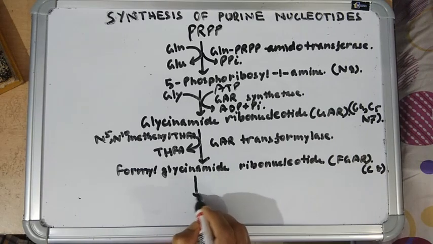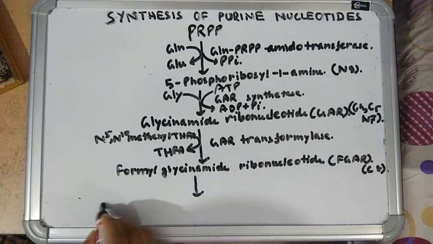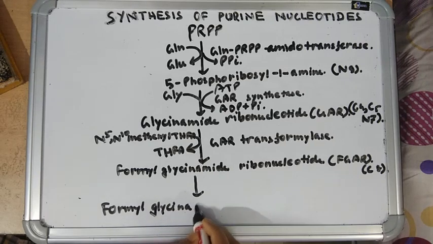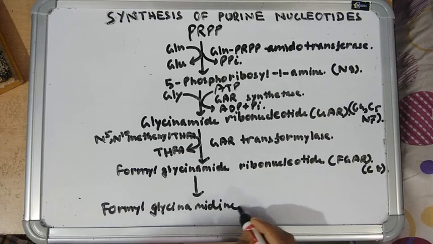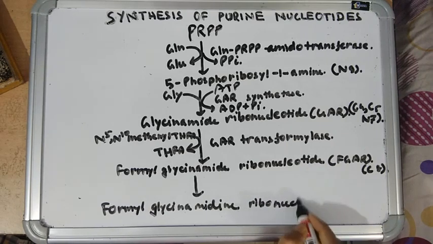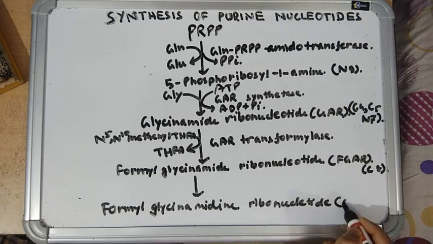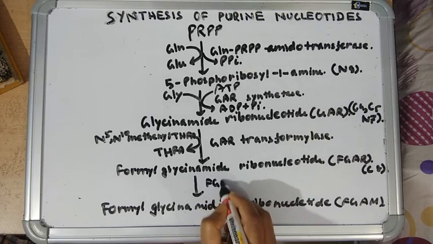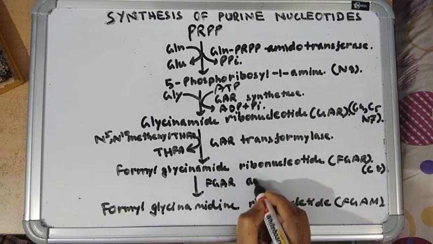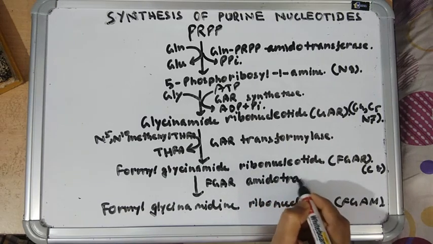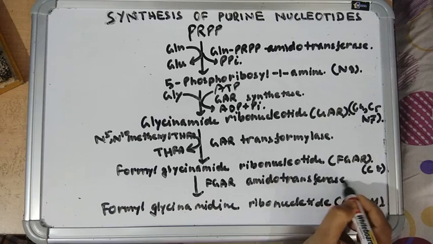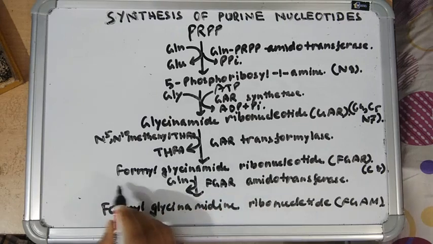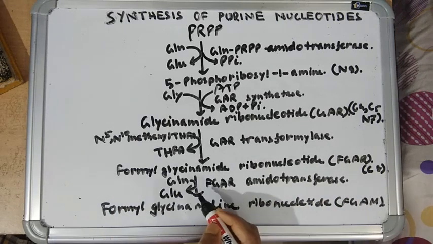Now this FGAR is converted into formyl glycinamidine ribonucleotide or FGAM by the action of the enzyme FGAR amidotransferase, where there is transfer of the amino group from glutamine to FGAR and it forms glutamate.